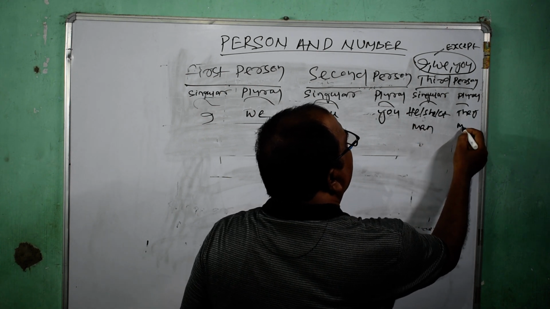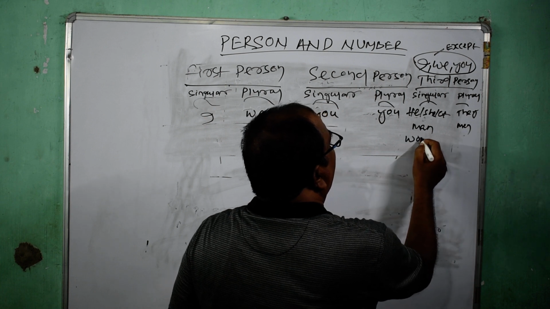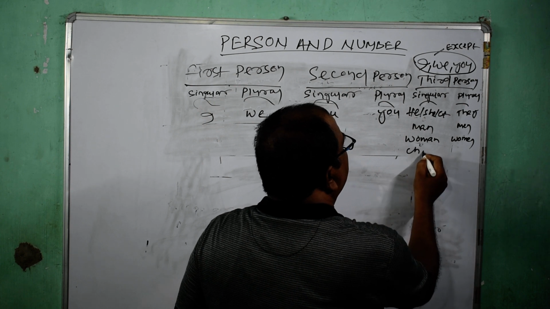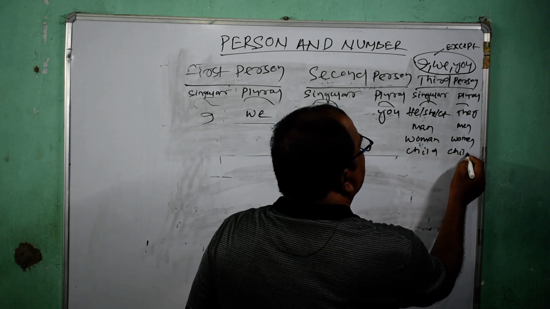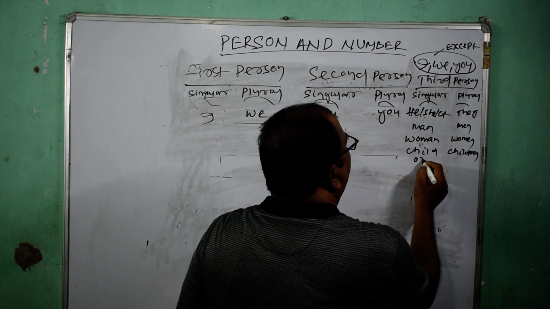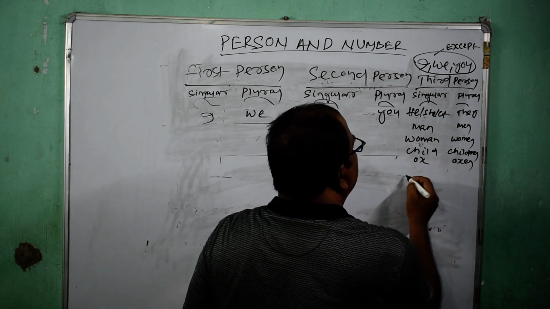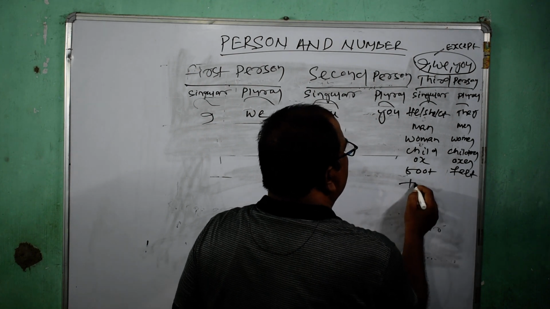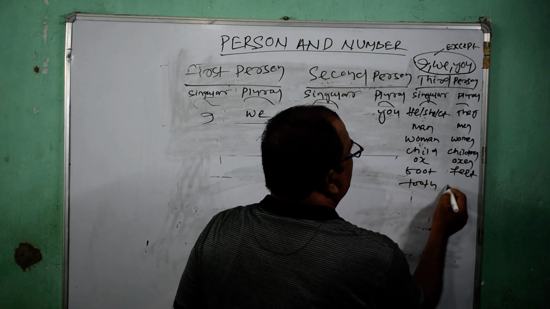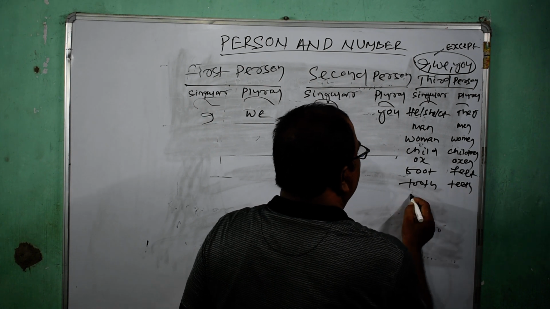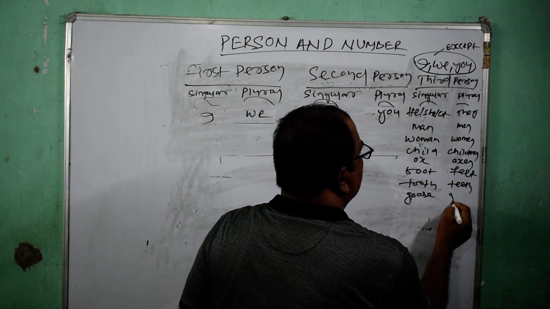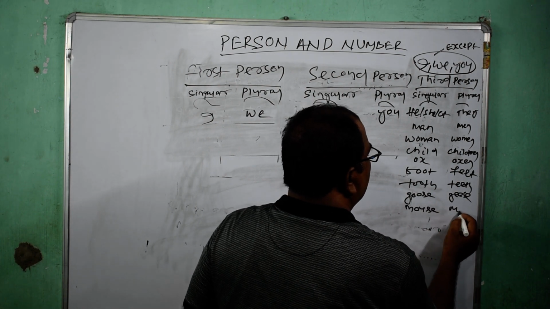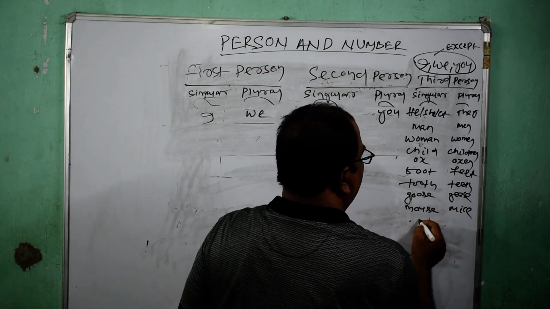Man, men. Woman, women. Child, children. Ox, oxen. Foot, feet. Tooth, teeth. Goose, geese. Mouse, mice.